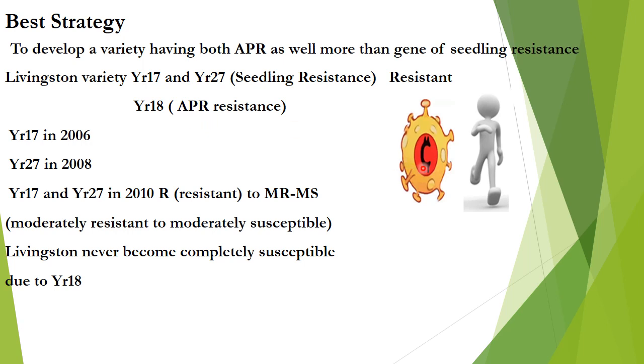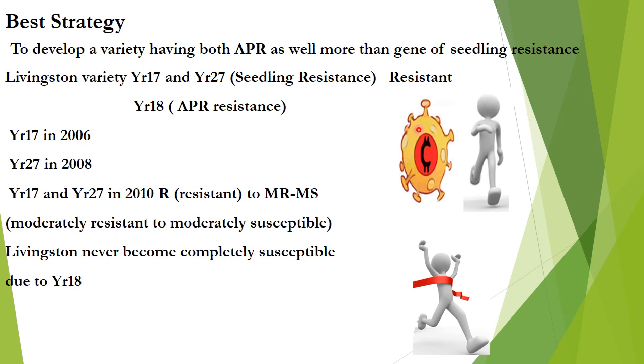So always remember that there is a race going on between the pathogen and the scientist or pathologist to produce a variety which is resistant. If the pathogen wins the race, then obviously there is disease. But as plant pathologists or agriculturists, we always want to remain one step ahead of the pathogen.